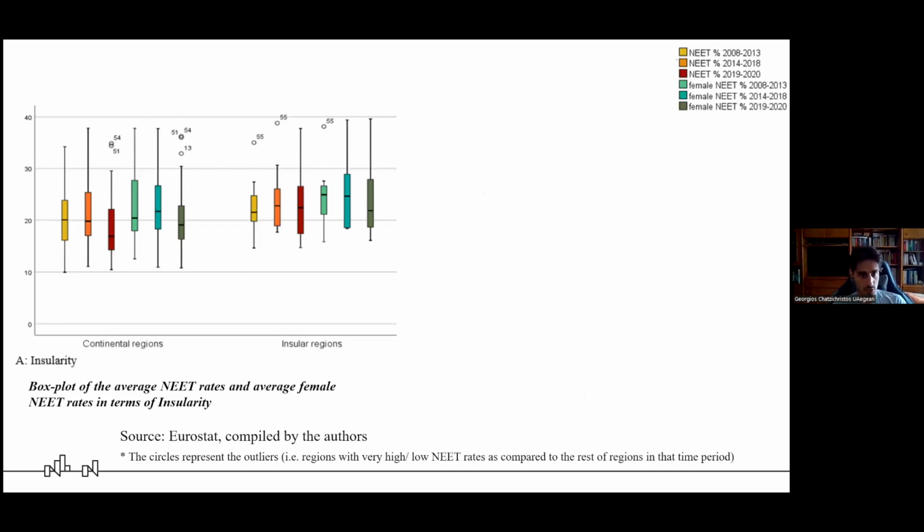Here you can see a box plot picturing the difference between the continental and the insular regions. The insular regions of the EU obviously have many problems, and these affect the concentration of young people not in employment, education or training. We can see that very clearly.